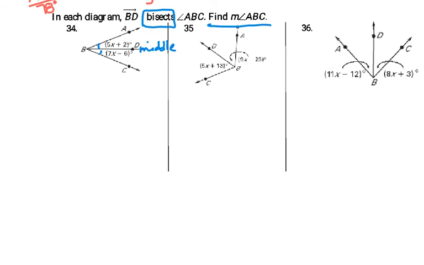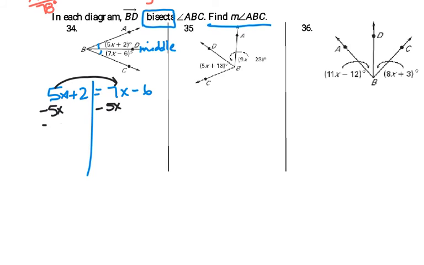So instead of using addition, we will just use an equal sign. 5x plus 2 is equal to 7x minus 6. Here we're going to move our x's. I'm going to move the 5 to this side to keep everything positive. So I have 2x minus 6 on the right, just a 2 on the left.